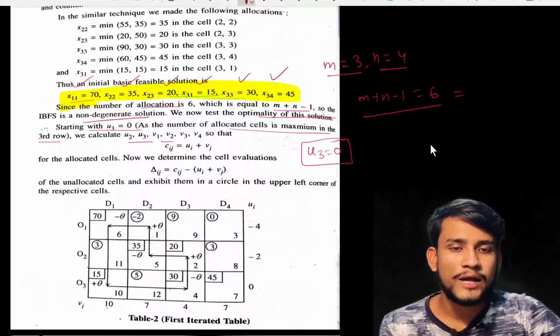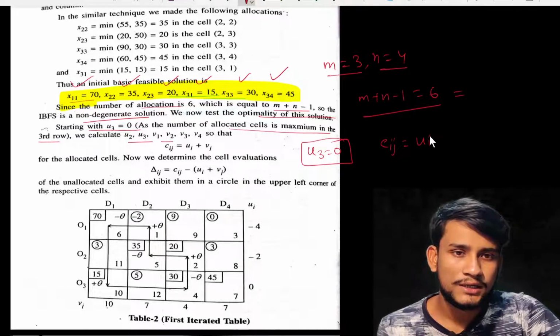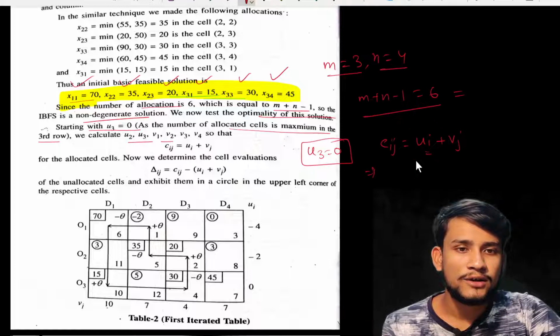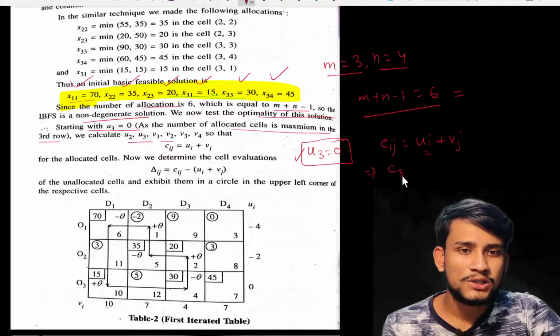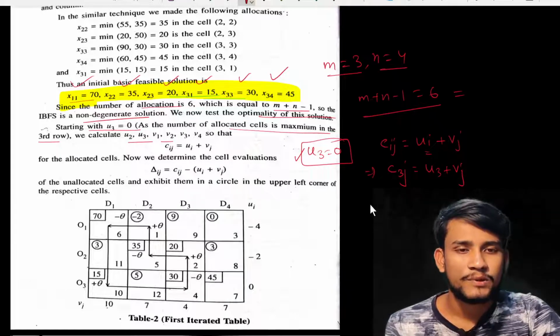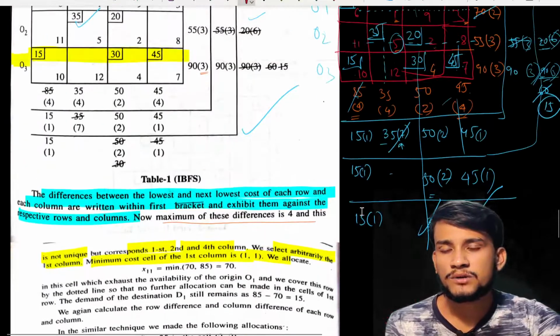Okay, now we apply the method: Cij equal to ui plus vj. First we write i equal to 3, since u3 equal to 0 we know that, so c3j is equal to u3 plus vj. Now c3j means the third row.